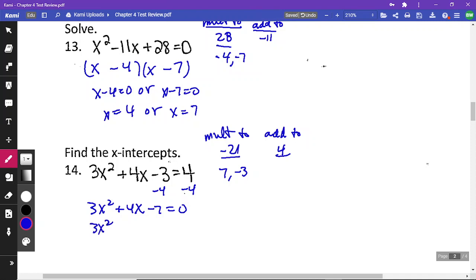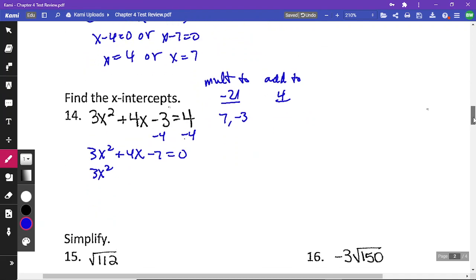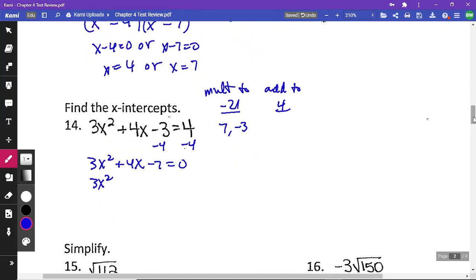I'm going to have to scroll down so I have a little more room to write. Okay. Let's see. So let's go plus 7x minus 3x, and then minus 7 equals 0. We split the middle term.